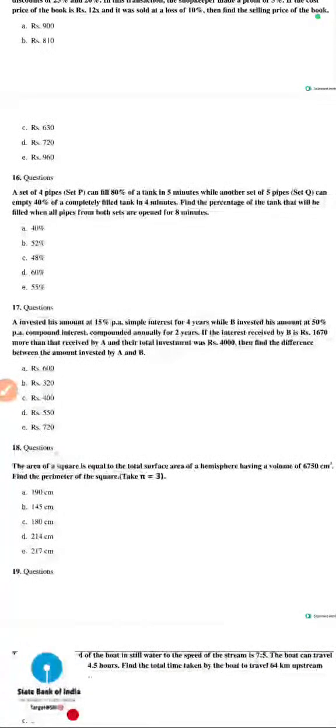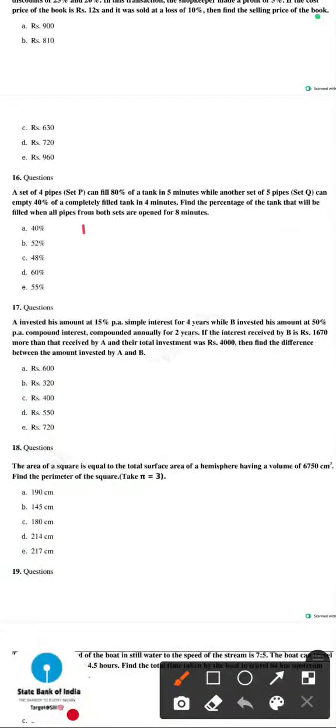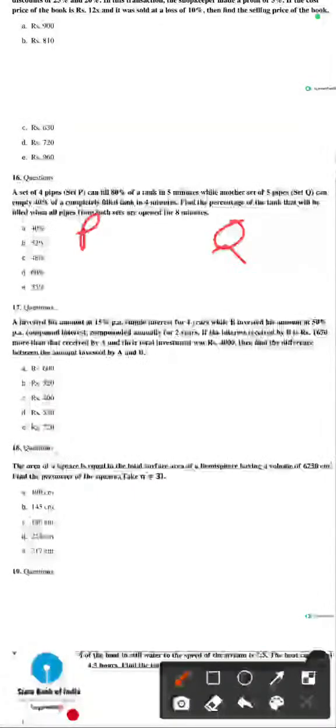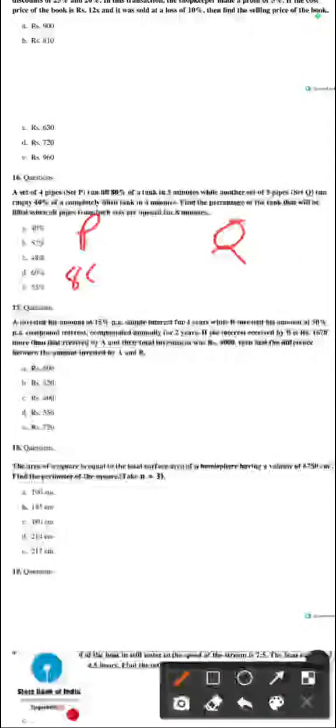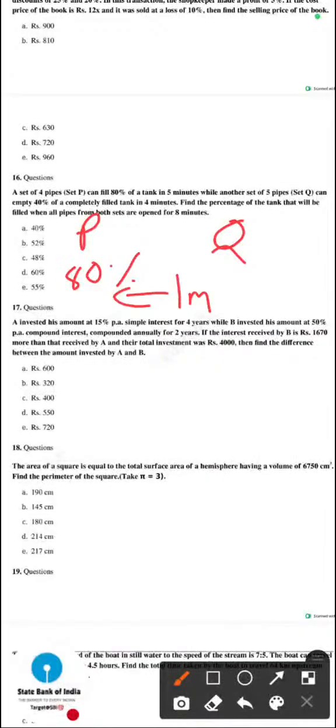So set P and set Q. Set P, 4 pipes, can fill 80% in 5 minutes. So for 1 minute they can fill 80 divided by 5, which will be 16%.